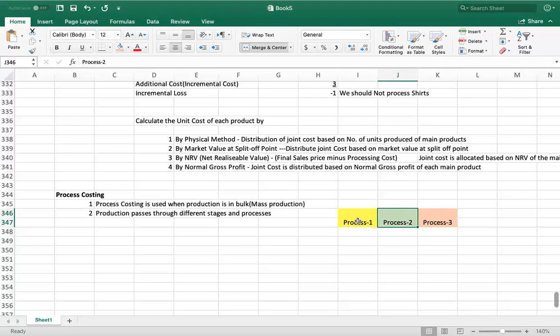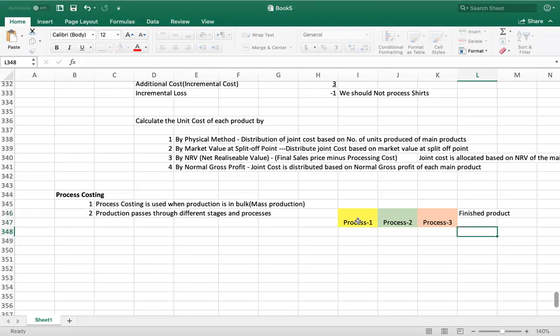When the second process is completed, it is transferred to the third process. When the third is completed, it goes to 4, 5, 6, like this. After the final process, it becomes your finished product.